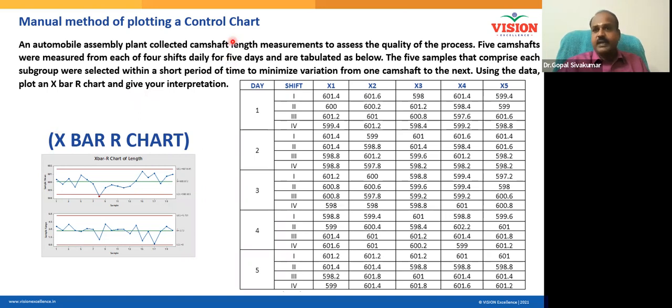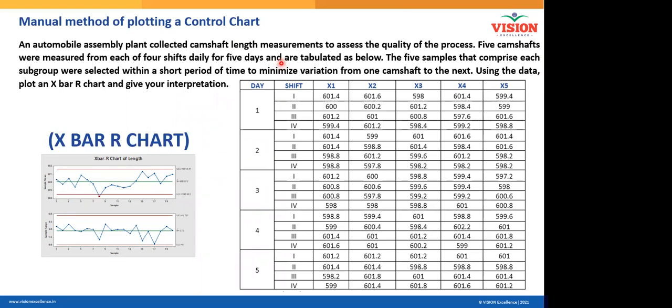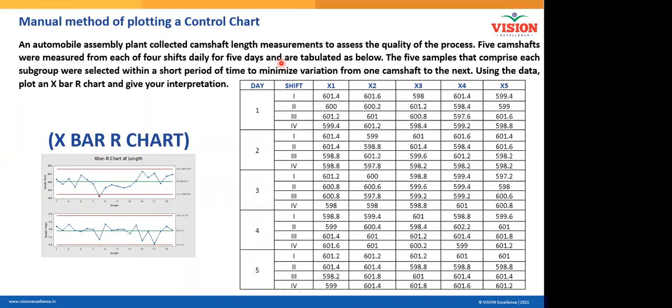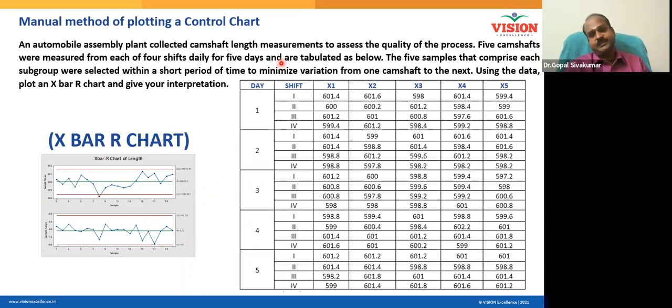And now look here, how the data is collected. Data is collected for how many days? 5 days. Day number 1, day number 2, day number 3, day number 4 and 5. And every single day, how many shifts are there in the company? 4 shifts. And every single shift, you are the person collecting the data. How many data points are you collecting? 5. The 5 is now called the subgroup size.